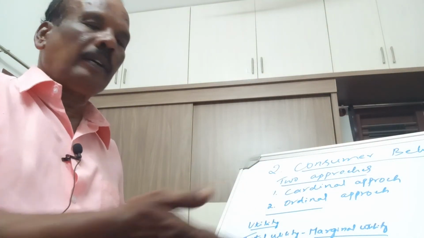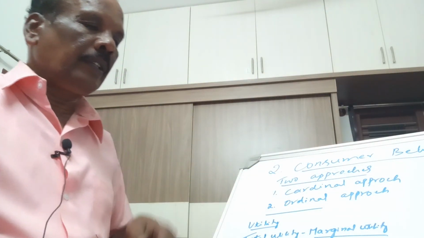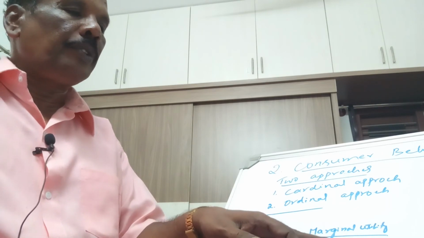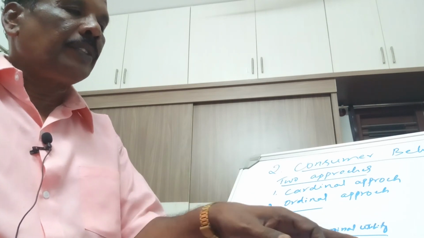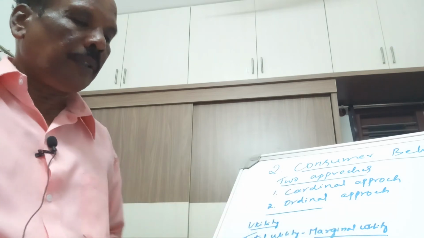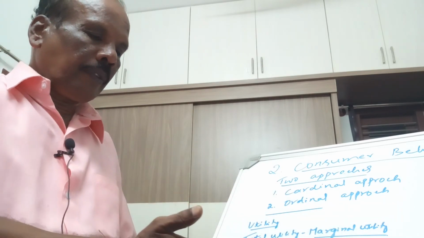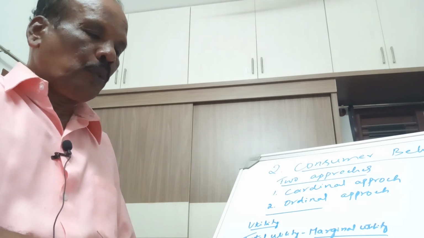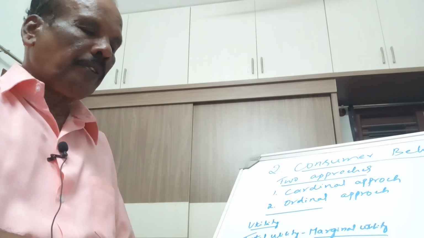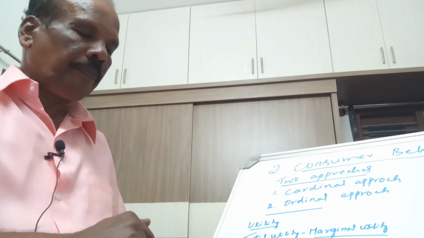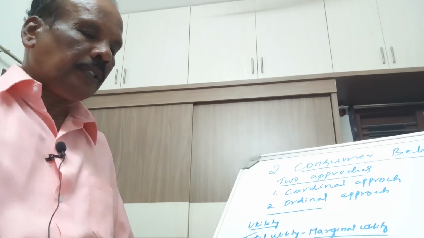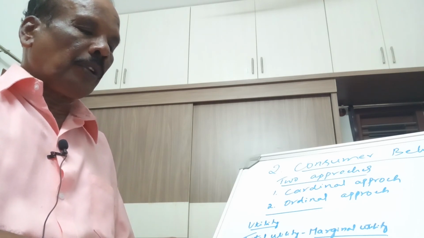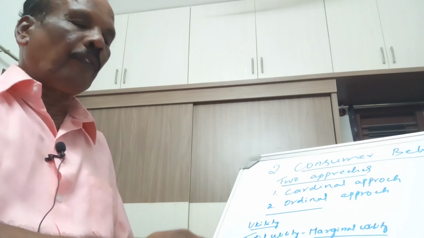The formula of marginal utility is MU equals TUn minus TUn-1. Say, by the consumption of 2 jamuns, the total utility is 18. By the consumption of the third, total utility increases to 24.